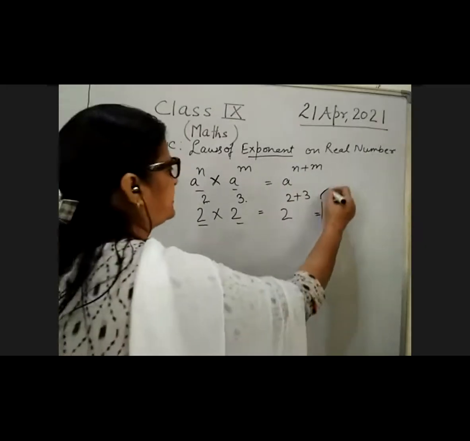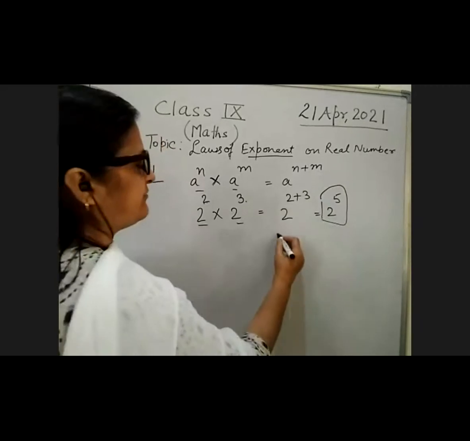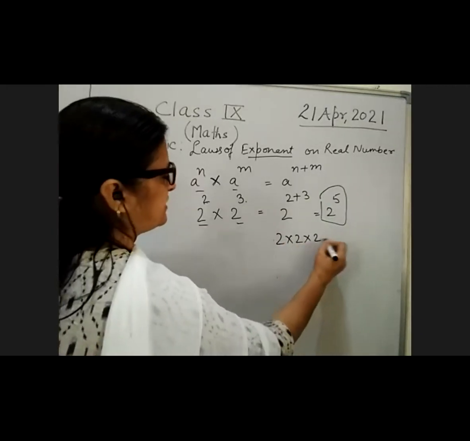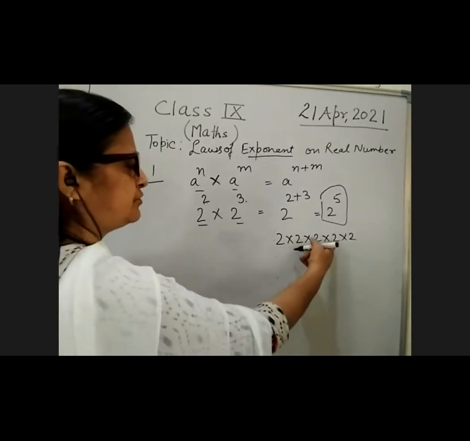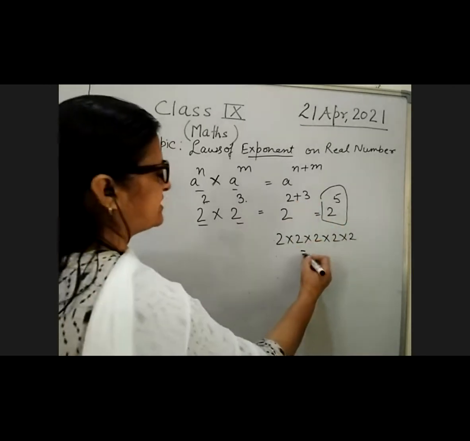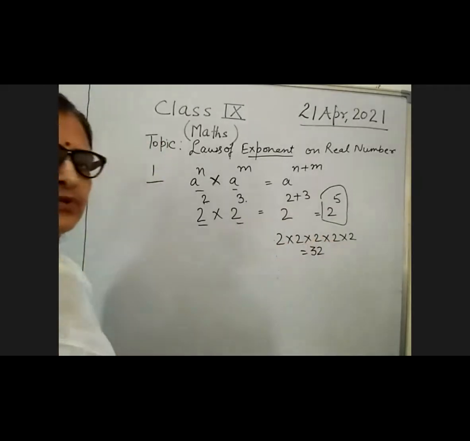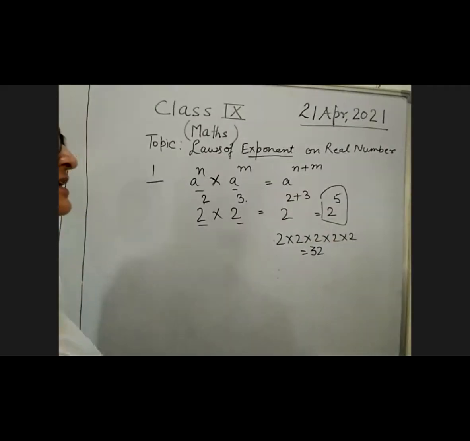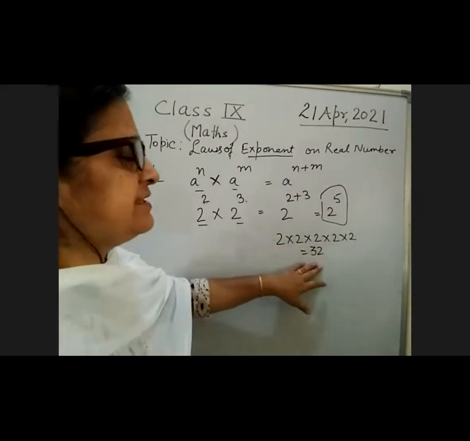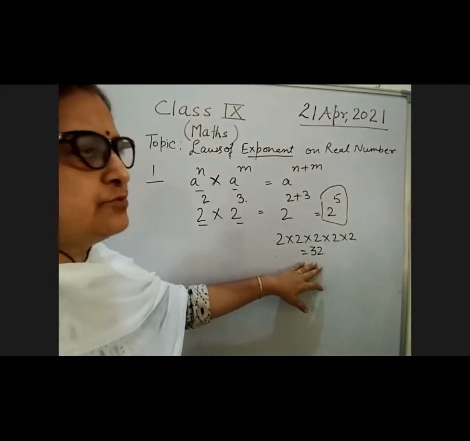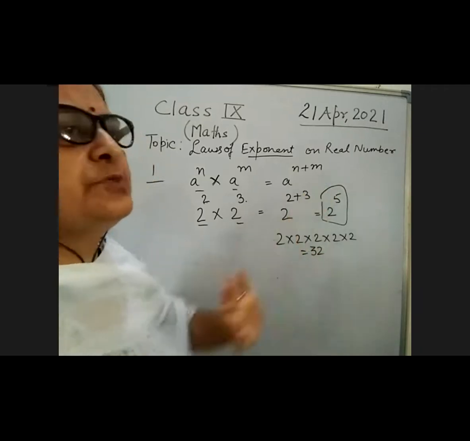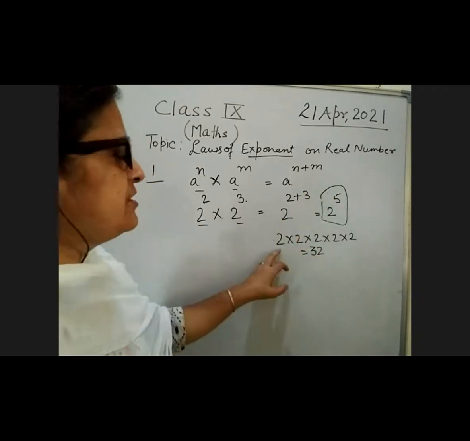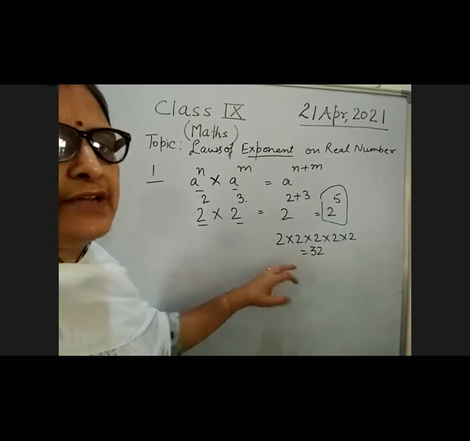And when we find the value of 2 raised to the power 5, you can write it 5 times: 2 into 2 into 2 into 2 into 2. It is equal to 32. Don't write 2 5s are 10. No. 2 raised to the power 5 means you write 2 five times.